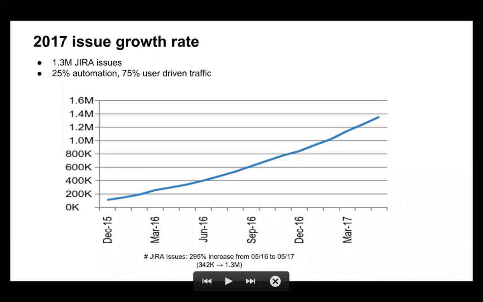A little bit of history. We started at the end of 2015, and within about one year, we had a growth rate of 300% in terms of number of issues. We had a breakdown of issues generated by automation and issues generated by actual users, about 75% users versus 25% automation.